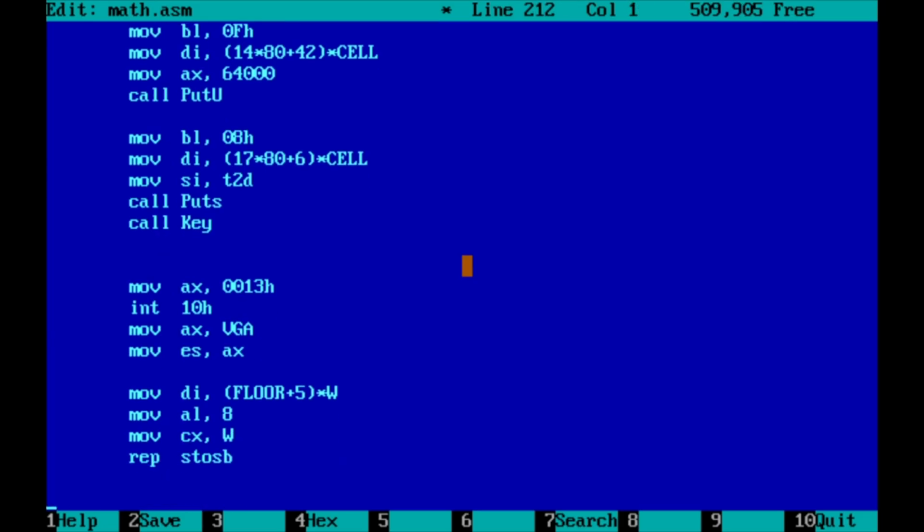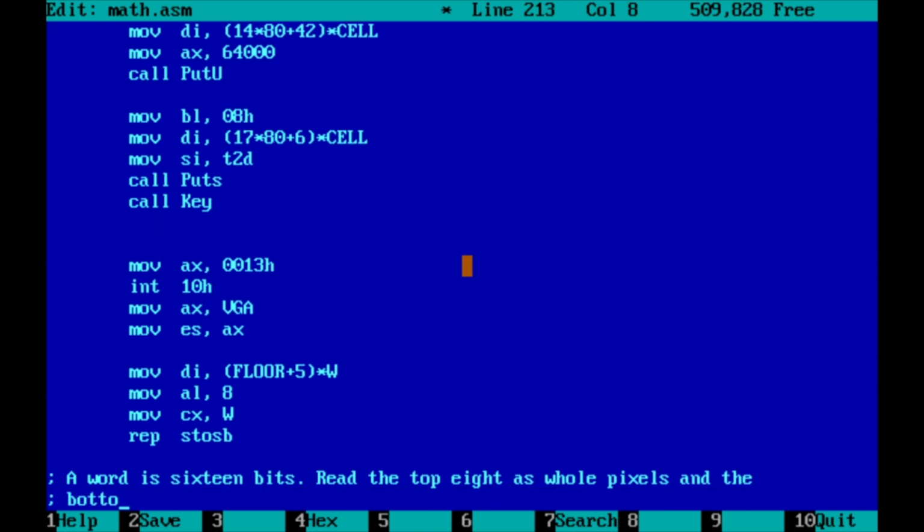Now the numbers, and again by hand first, because 8.8 is a name for something very simple and the name helps nobody. A word is 16 bits. Read the top 8 as whole pixels and the bottom 8 as 256ths of one. One word, both halves.